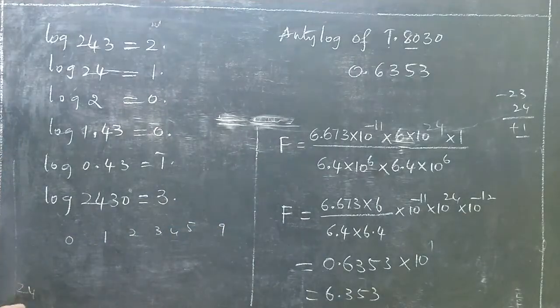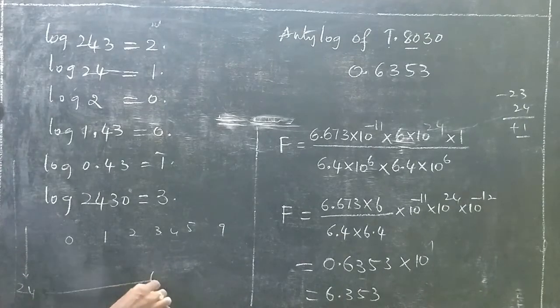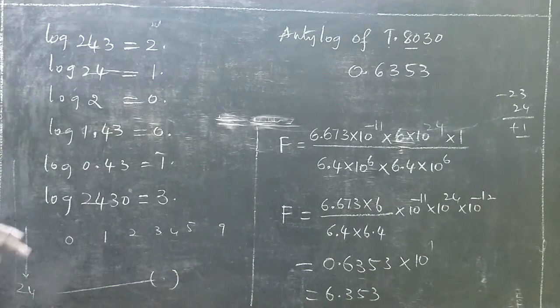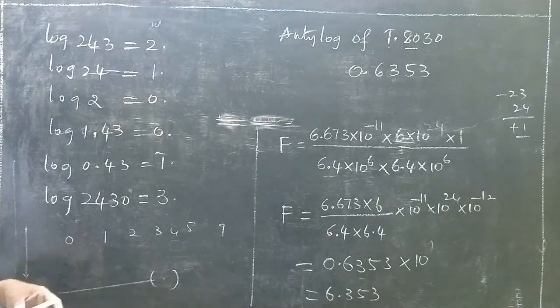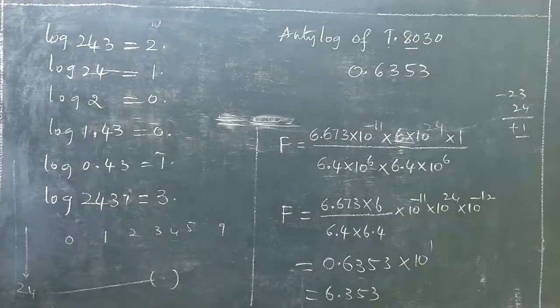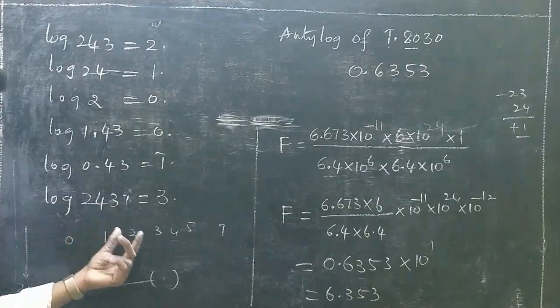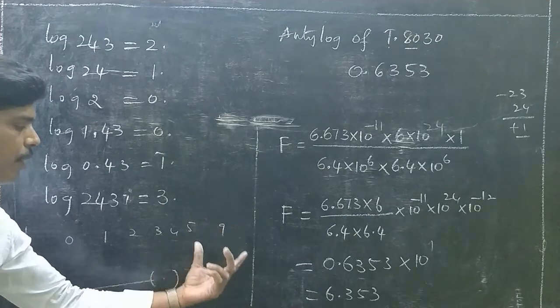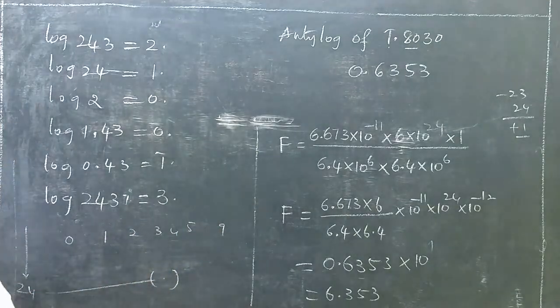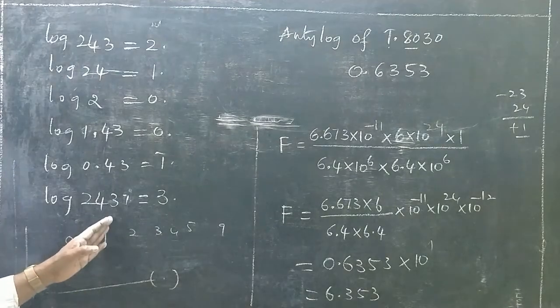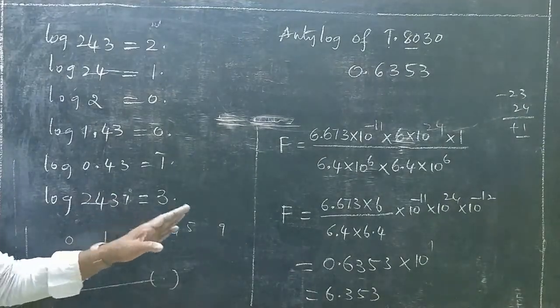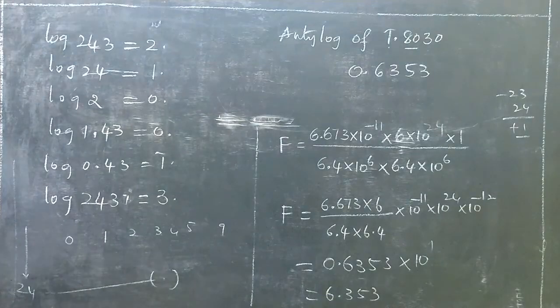So 24 in the first column and 3 is taken from here. If you have 7 here for 243, the mean difference is 7. The mean difference in the table is in the last columns. So 243 in the logarithm table, then mean difference 7: add that value to this one.